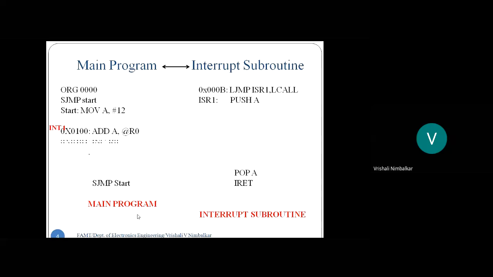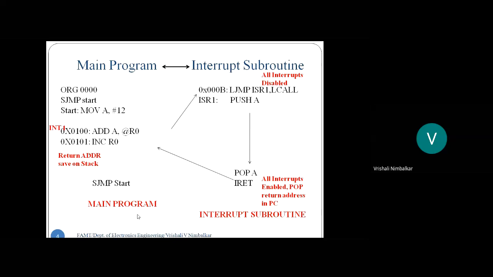The microcontroller will first save the return address on the stack, jump to the vector address of int1, disable all the interrupts, execute the interrupt subroutine, and the IRET instruction will enable all the interrupts and pop the return address from the stack into the program counter. That's how it returns back to the main program. So these are the operations happening internally inside the microcontroller when an interrupt arrives.